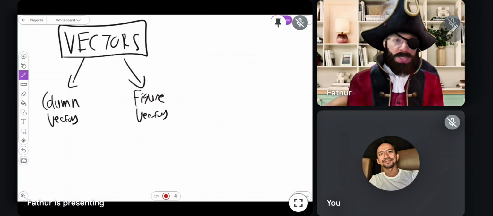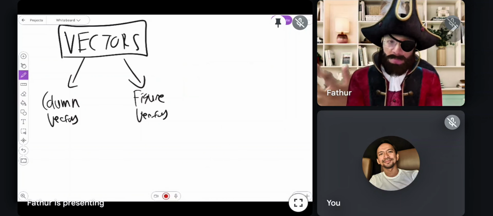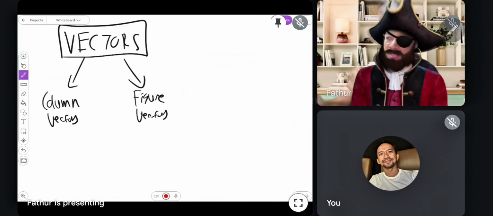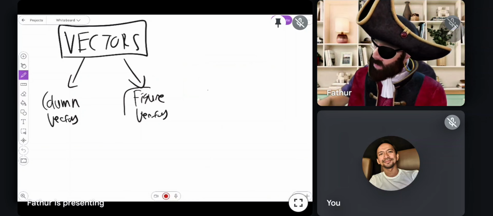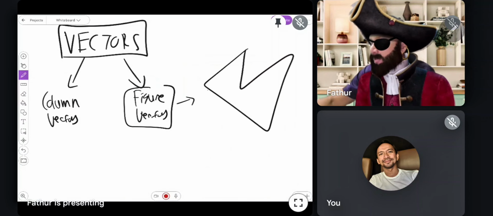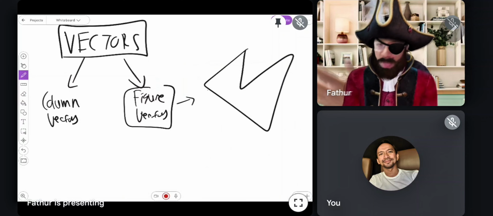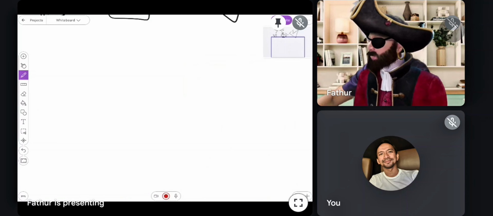Column vectors are just like graphs. Remember coordinate geometry, that topic? Column vectors are very much related to that topic. When it comes to figure vectors, they will give you a particular shape and ask you different questions pertaining to that shape. Now let's talk about column vectors first.